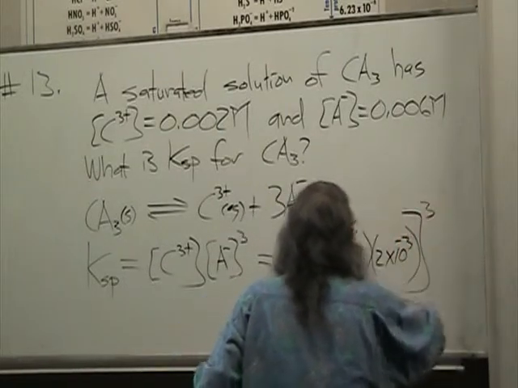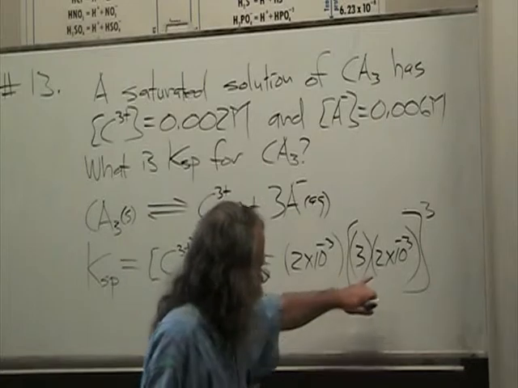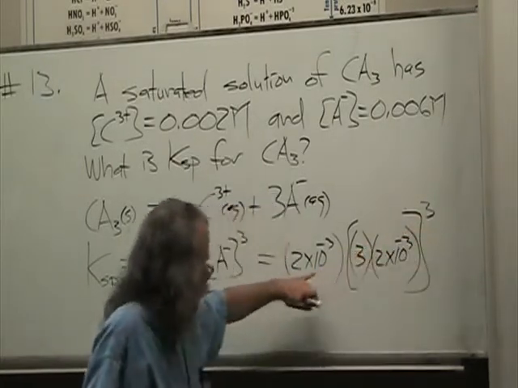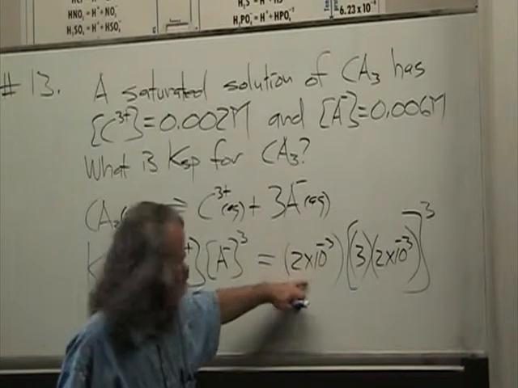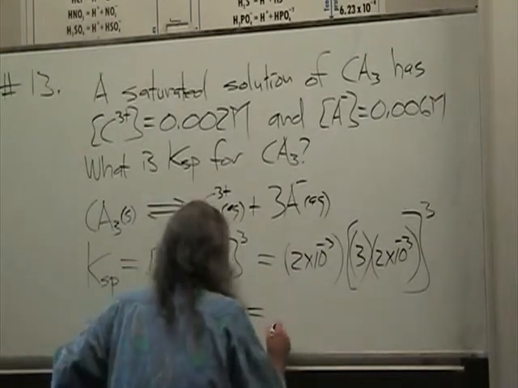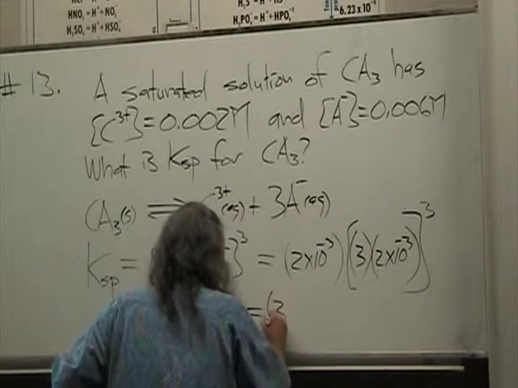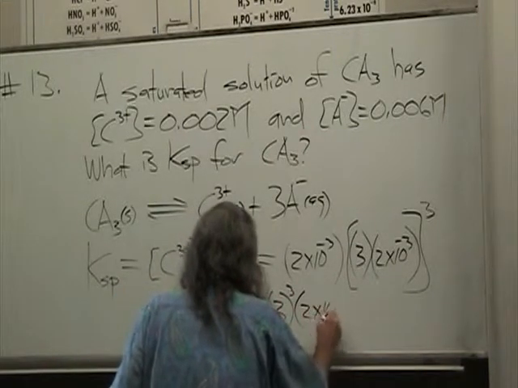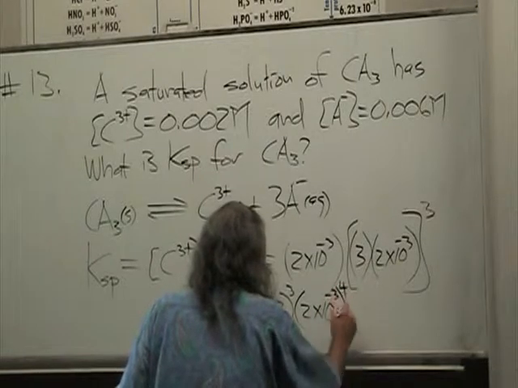The reason I did that is because this is 2 times 10 to the minus 3 cubed times 2 times 10 to the minus 3, which is equal to 3 cubed times 2 times 10 to the minus 3 to the 4th power.